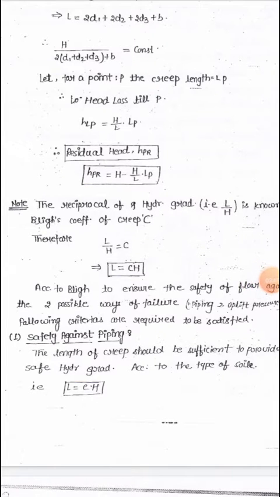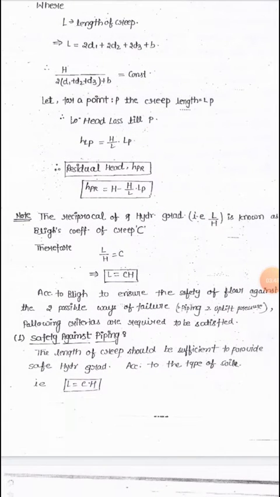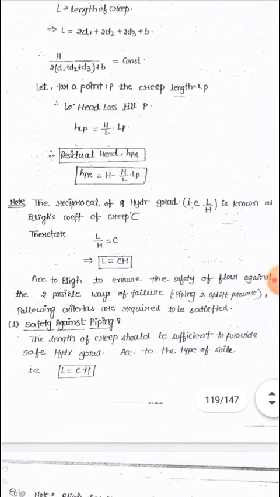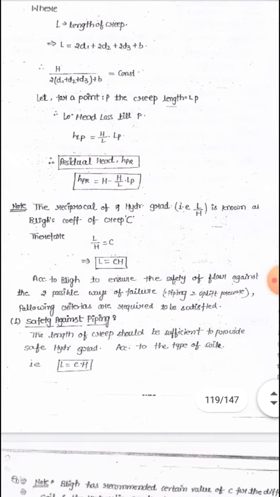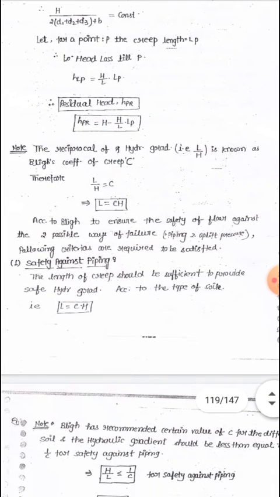So the reciprocal of this hydraulic gradient is known as Bligh coefficient of creep, that is C. So therefore total length of creep L is equal to C into H. So according to Bligh creep theory, to ensure the safety of the floor against two possible ways of failure, that is piping failure and uplift failure, the following criteria should be satisfied.